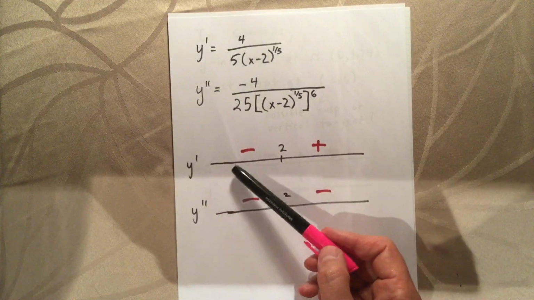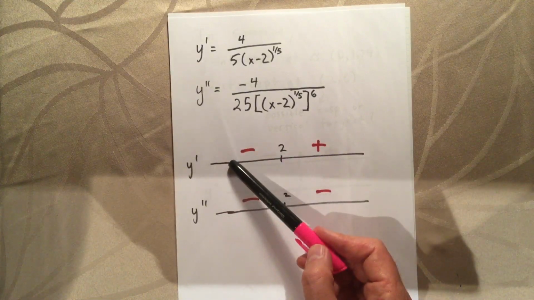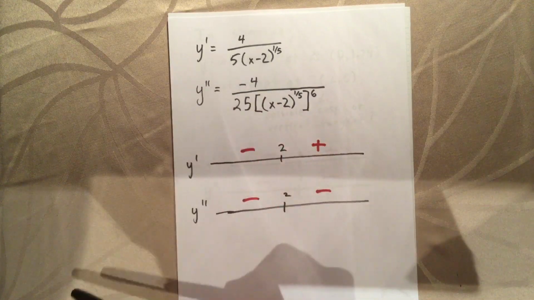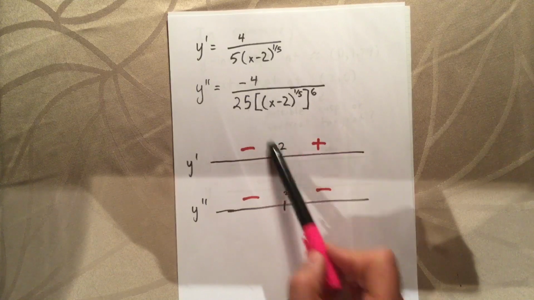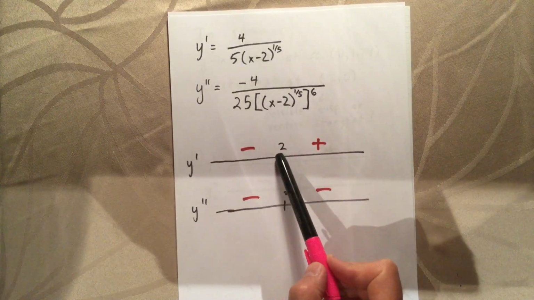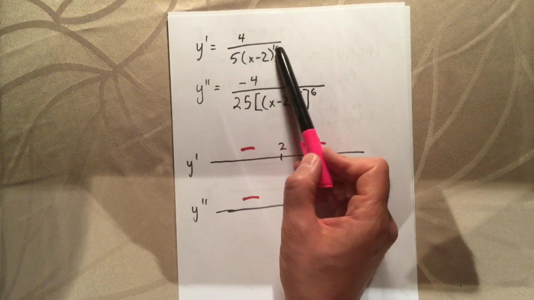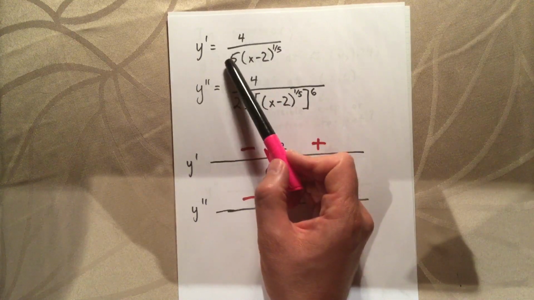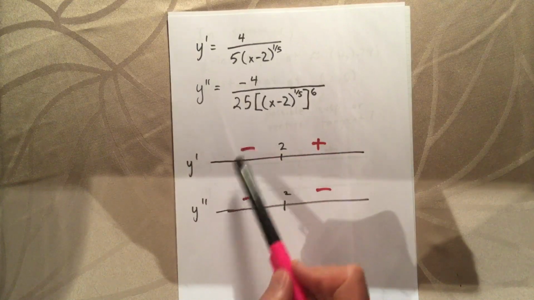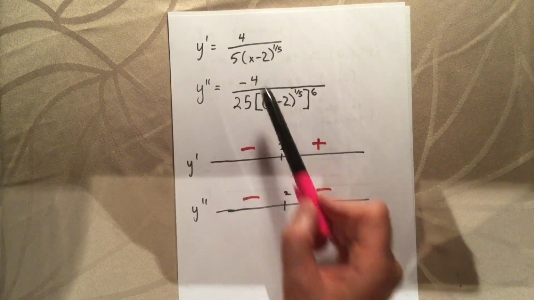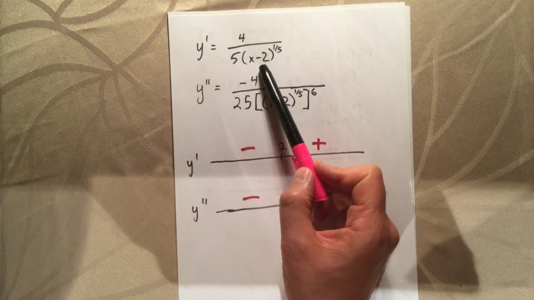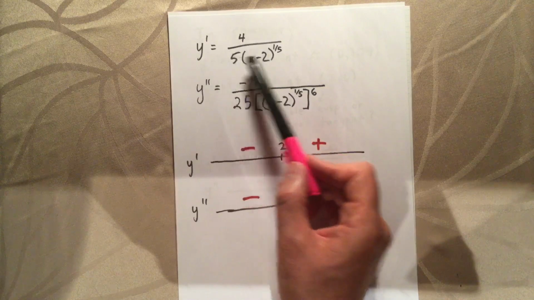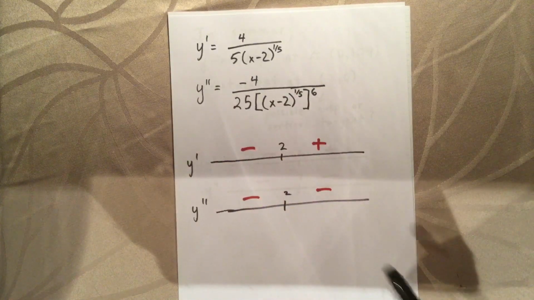When x is less than 2, y prime has a positive numerator, and x − 2 is negative. A negative number raised to the 1/5 is negative, so we have 4/5 times a negative, which is negative. When x is greater than 2, x − 2 is positive, a positive quantity raised to the exponent 1/5 is positive, and 4/5 times a positive is positive.